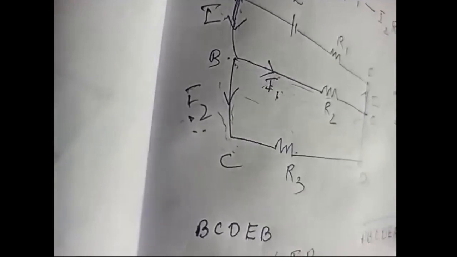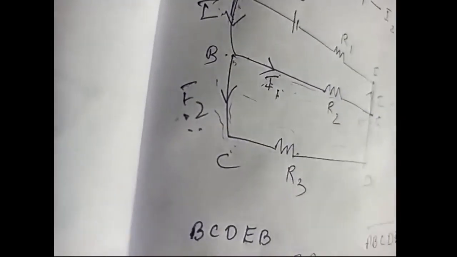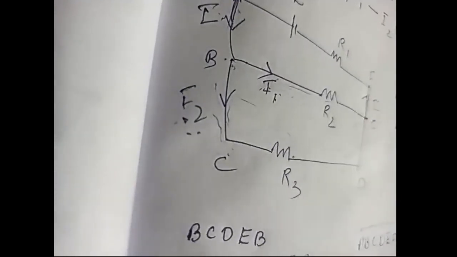The meter bridge and potentiometer are applications of Wheatstone's bridge. So we will apply Kirchhoff's law in the Wheatstone's bridge, find the relation between the resistances connected in it, and apply that in the meter bridge as well as in the potentiometer.